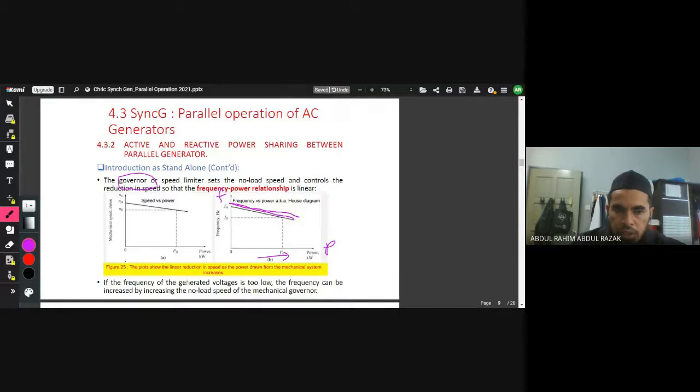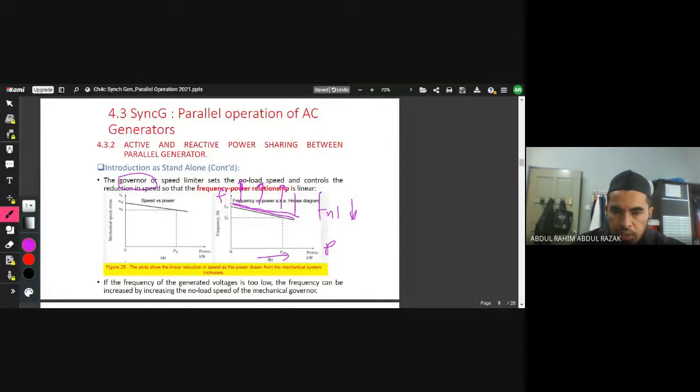Okay, if the frequency of the generated voltage is too low, the frequency can be increased by increasing the no load speed of the mechanical governor. It means that we will shift the whole line upper. If we find out that the frequency at no load is too low, the whole house diagram should be increased.